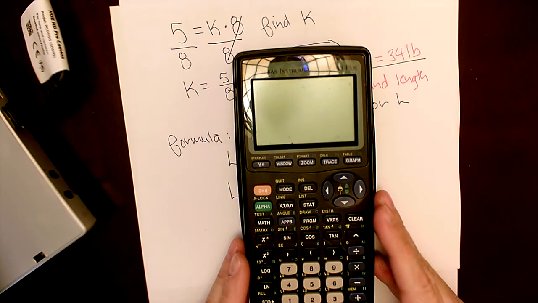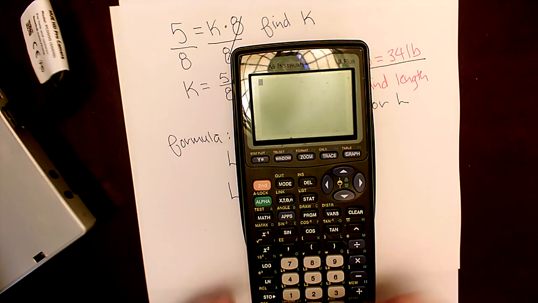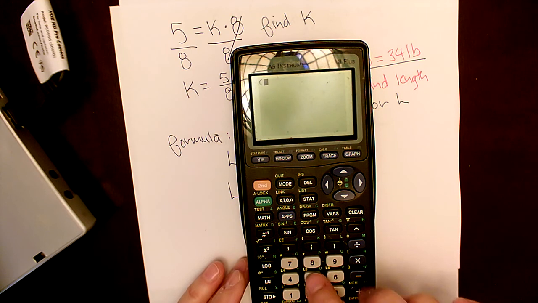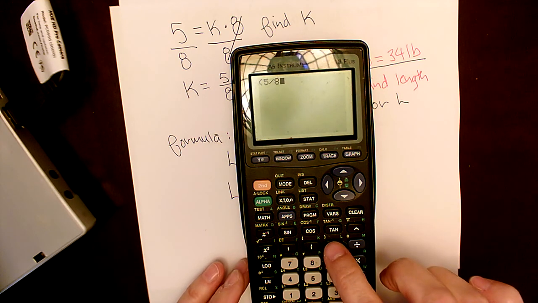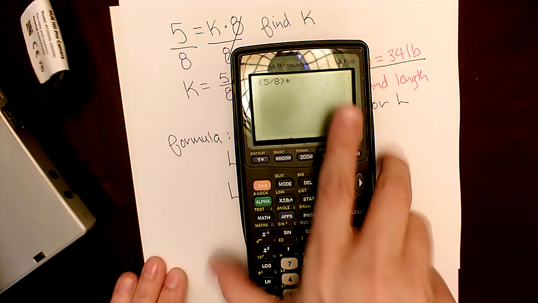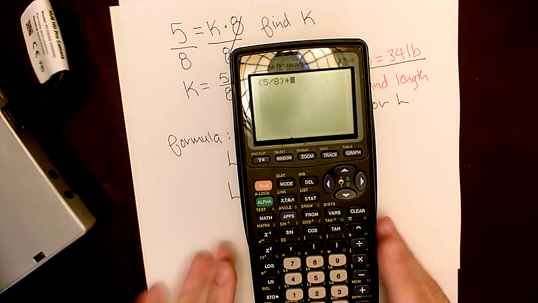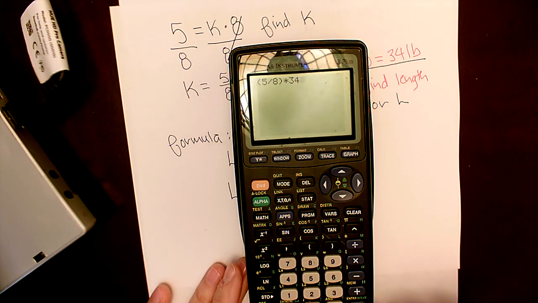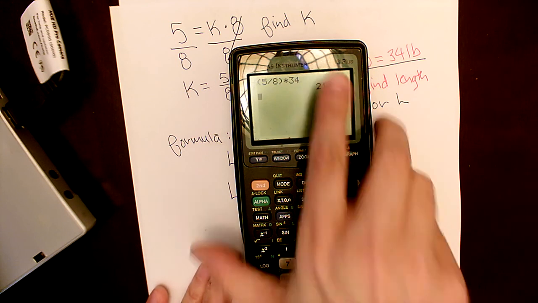Here's my calculator, and I want to do a parenthesis, which is right above the 8, and I'm going to hit 5 divided by 8, close parenthesis, which is right above the 9, times 34 pounds. And I get 21.25.